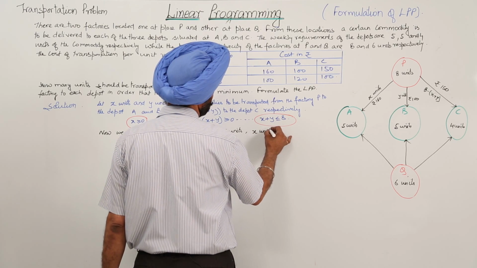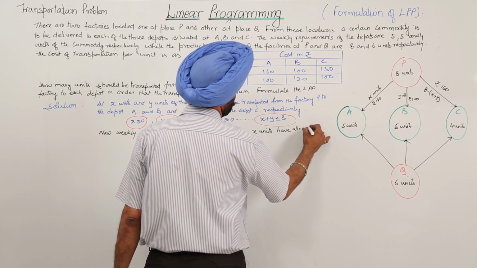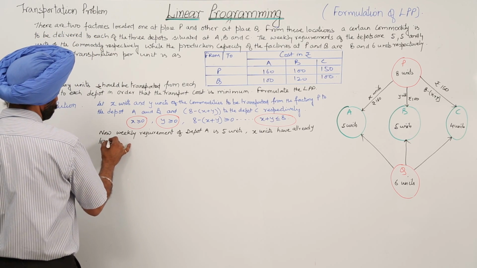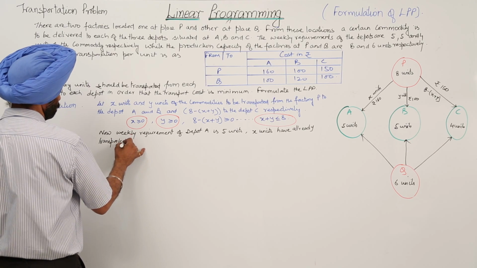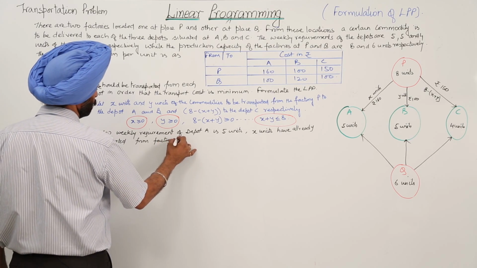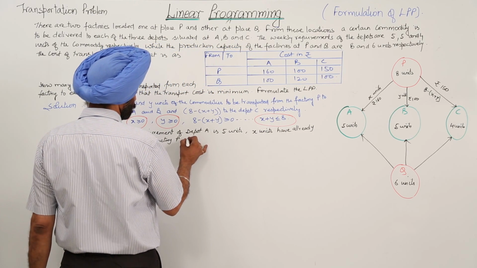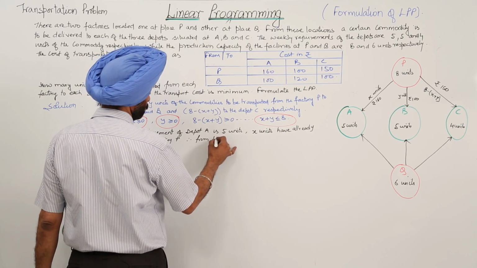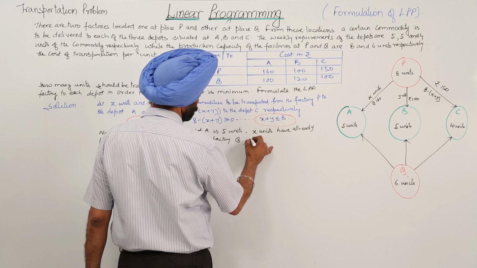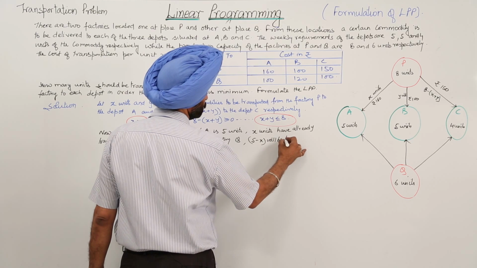X units have already been transported from factory P, therefore from factory Q, 5 minus X will be transported.